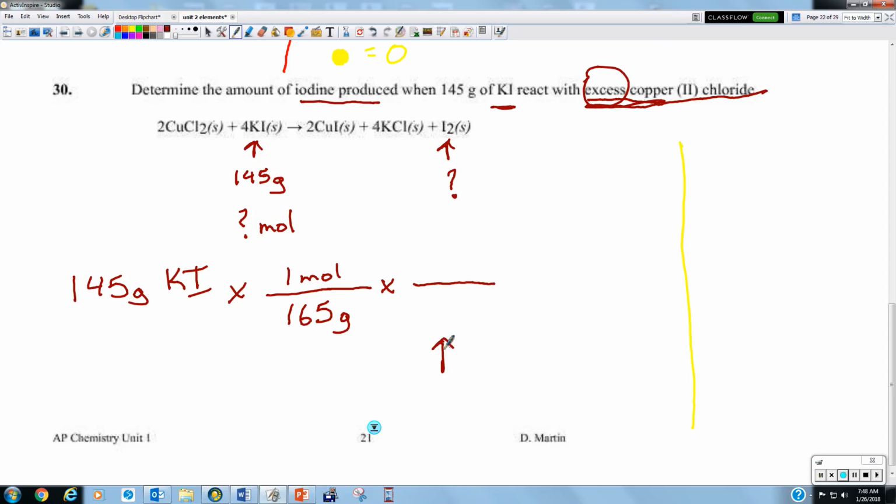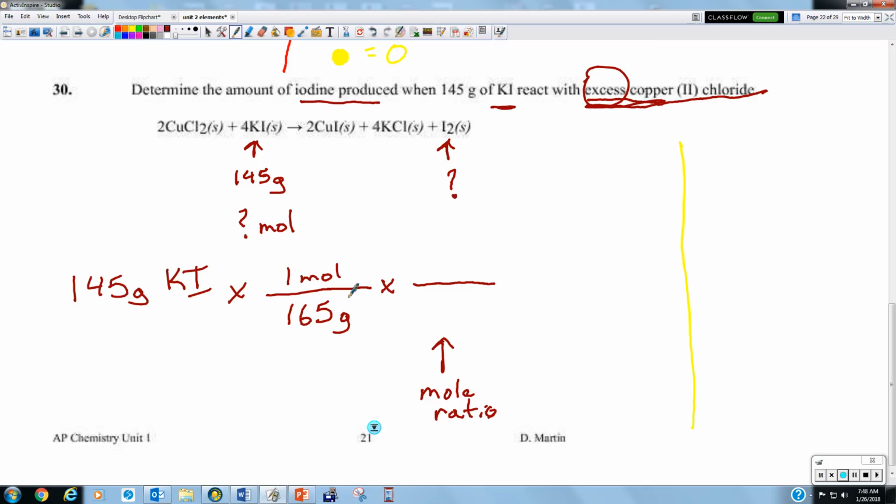This is the part that you may need to remember: mole ratio. Does anybody remember where the mole ratio comes from? In the equation, we look at the coefficients.